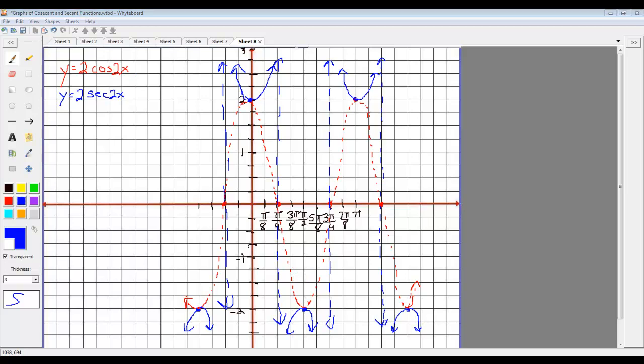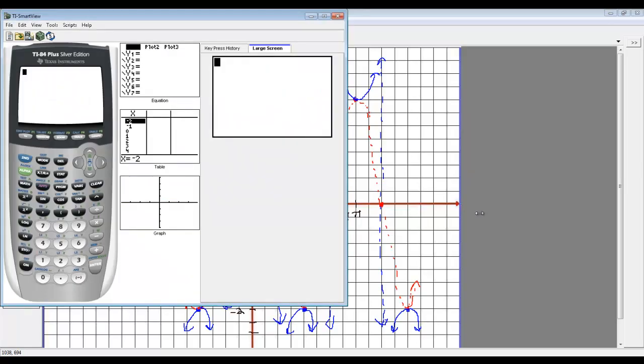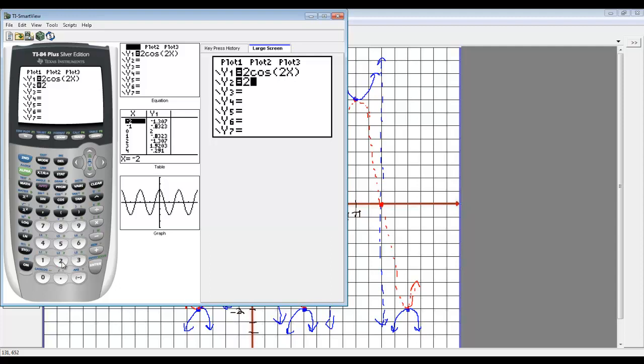Let's see how this would do in the calculator, because let's compare. Let's put 2 cosine 2x in. And then let's put 2 secant 2x, but that's 2 times 1 divided by cosine 2x.